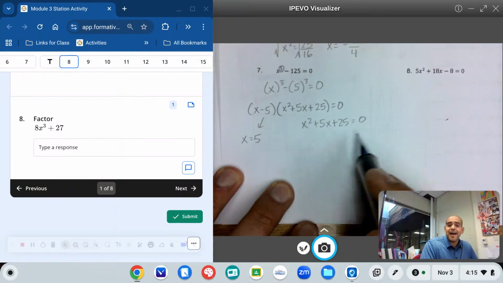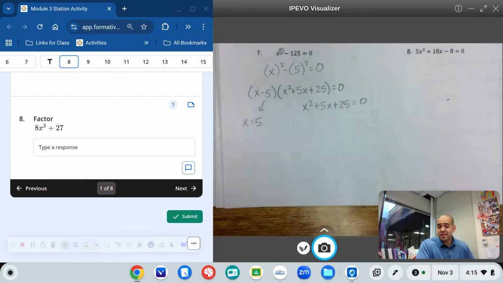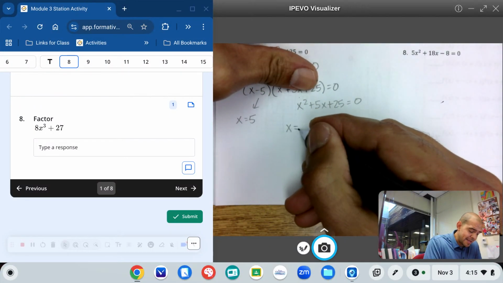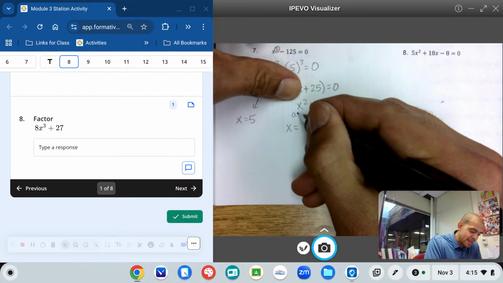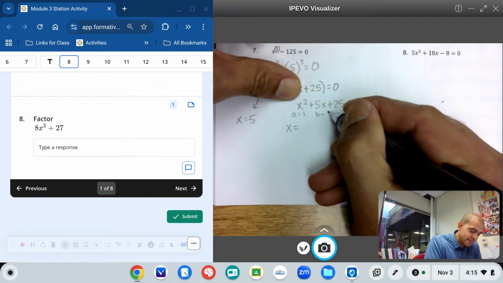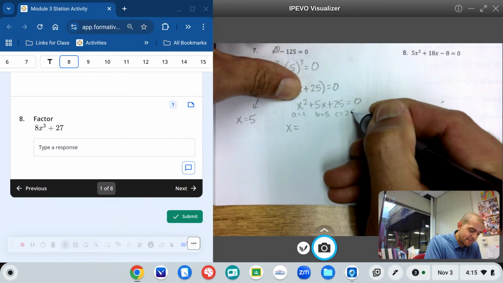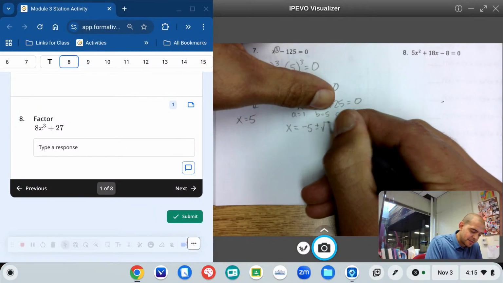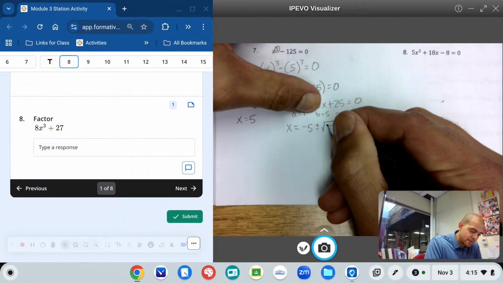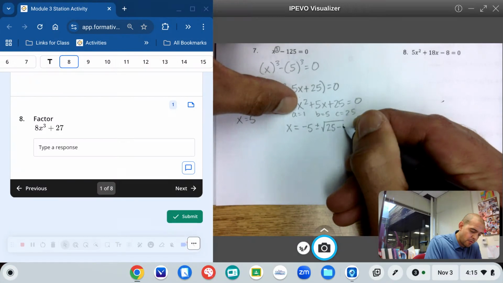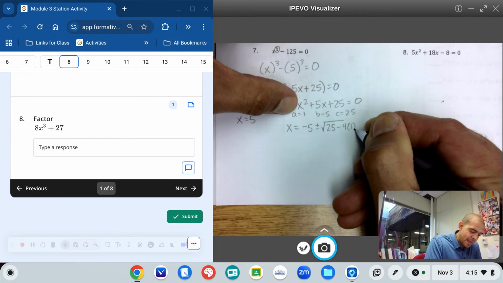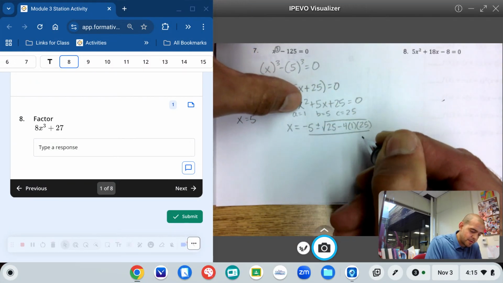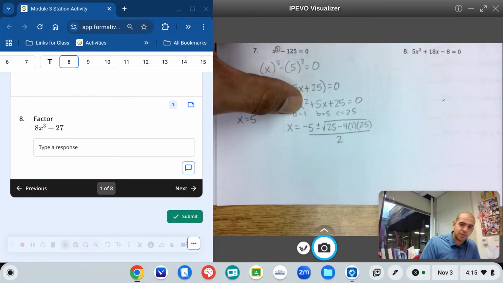Now, you cannot factor this, so I'm going to walk you through the quadratic formula. So x equals negative b, where a is 1, b is 5, c is 25. So negative 5 plus or minus the square root of b squared, 25, minus 4ac, all over 2a, which is just 2.